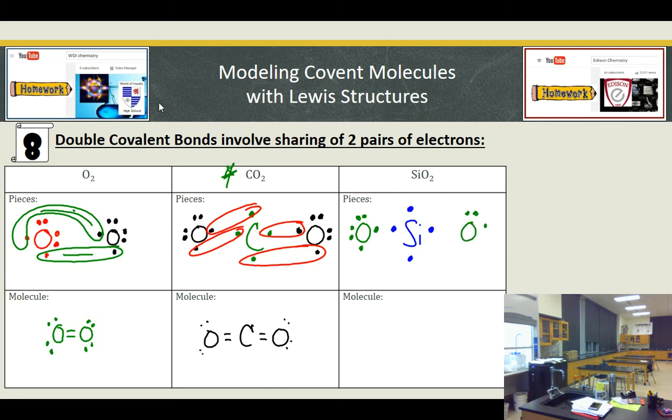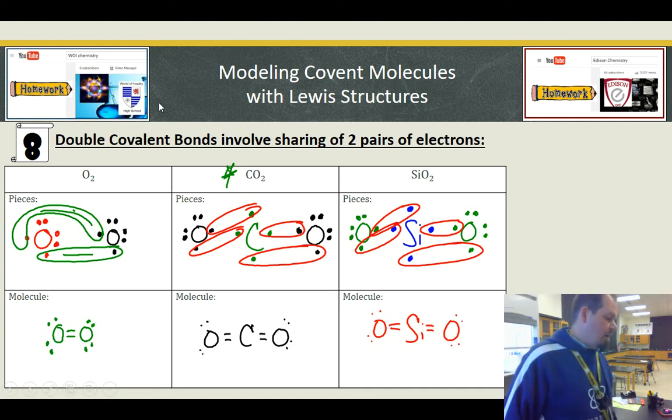So carbon, silicon, break the rules. There we go. Bottom up. That gives me Si in the middle, 2 bonds to an oxygen, 2 bonds to an oxygen. Don't forget my lone electrons. And we're good.